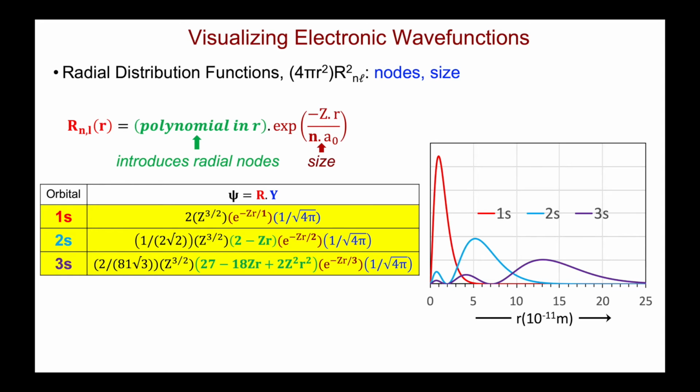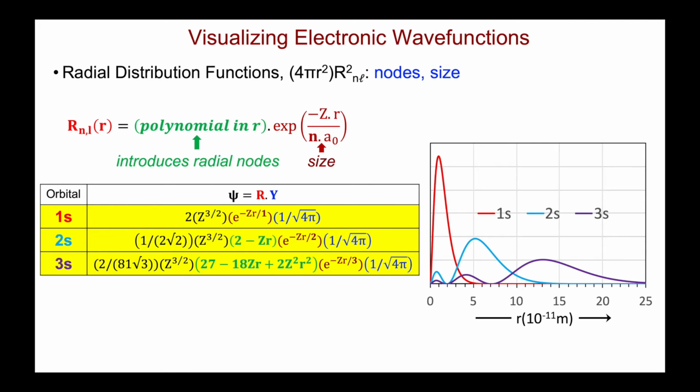The other term in the radial component is a polynomial in r. And it is this term that introduces radial nodes into the RDF. For the 1s orbital, there is just a constant. There is no dependence on r in this term, and therefore it is a 0-degree polynomial. And as a result, that wave function, the 1s, has no radial nodes.